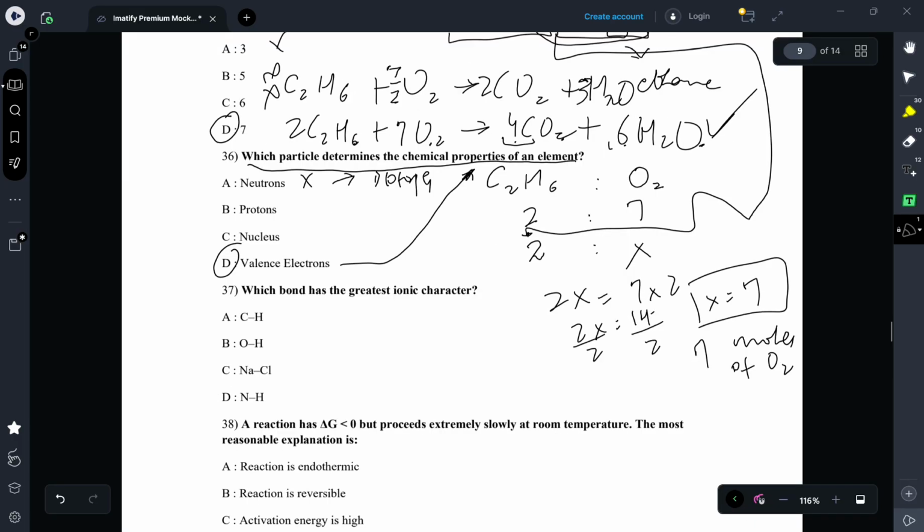Which bond has the greatest ionic character? So to solve this question, we need to find the compound in which the elements have the greatest electronegativity difference.